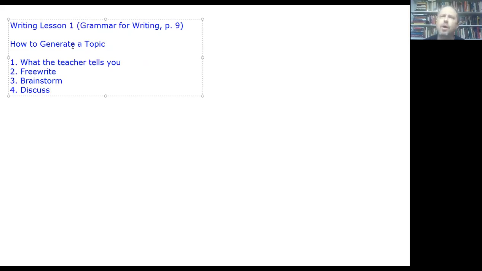The most common way in my experience as a student was the teacher told me what to write, and that wasn't always that thrilling. But it happens, right? Nothing we can do about it. It's part of education. It's not going anywhere anytime soon, I'm sure.